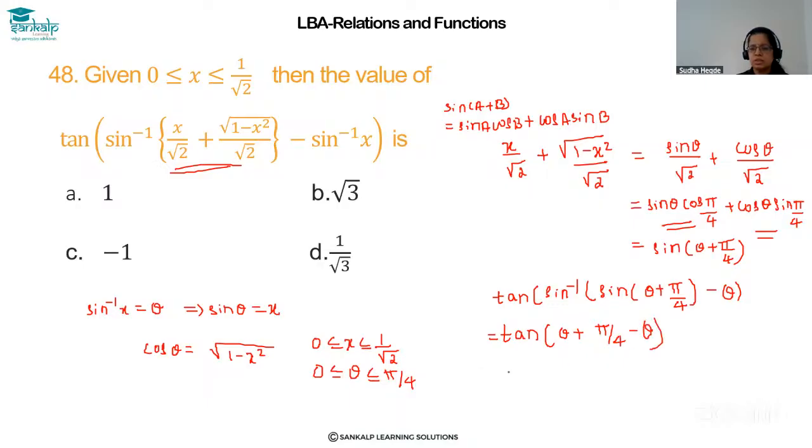So theta minus theta cancels. It is tan pi by 4. What is the value of tan pi by 4, or tan 45 degrees? It is 1. So this complicated expression reduces to 1. Very simple way you can calculate like this. Therefore, check the answer options. Option A, 1 is the correct answer. Are you getting? Got it right? Thank you.